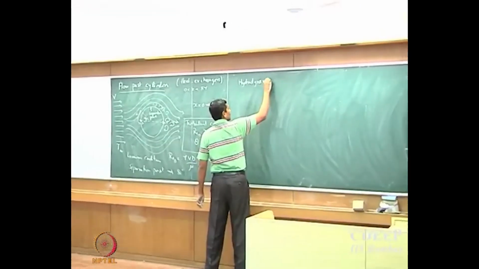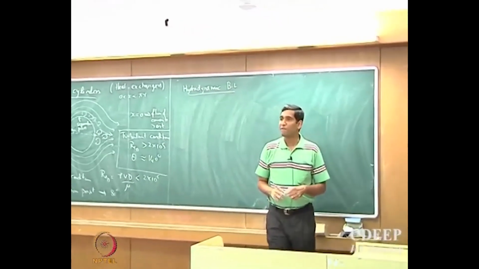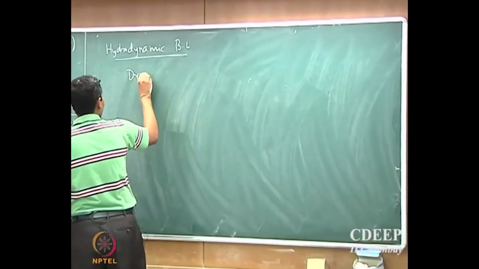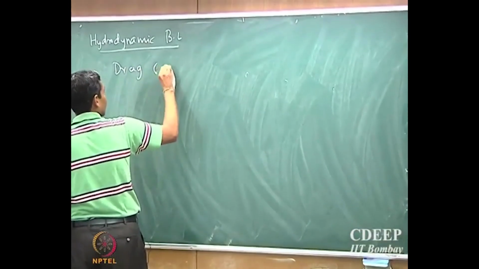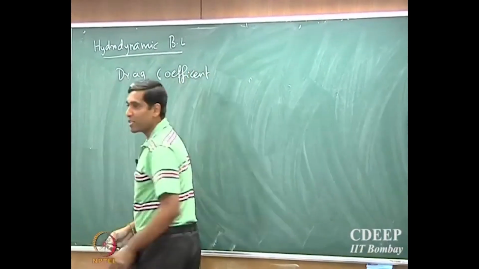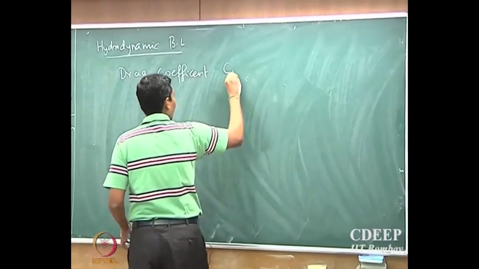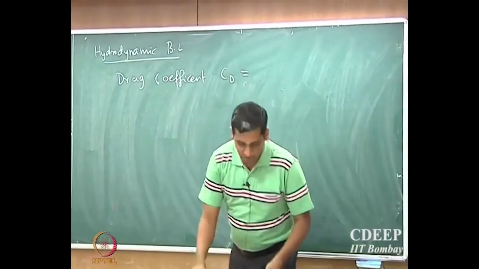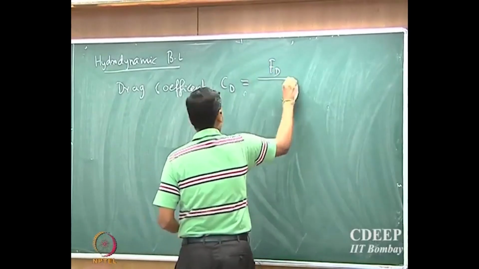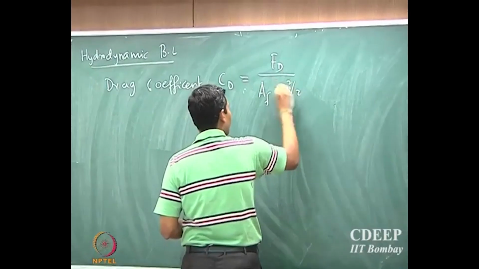So the hydrodynamic conditions, boundary layer. Similar to the friction coefficient, here what you have is called the drag coefficient. It's very similar to the friction coefficient that was defined earlier. So it's called CD, and that's given by the drag force divided by AF rho V square by 2.